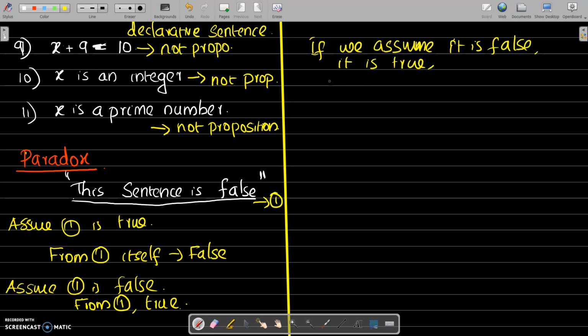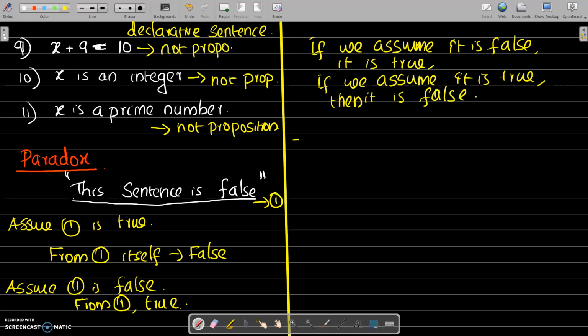If we assume the sentence is true, then the sentence is false.